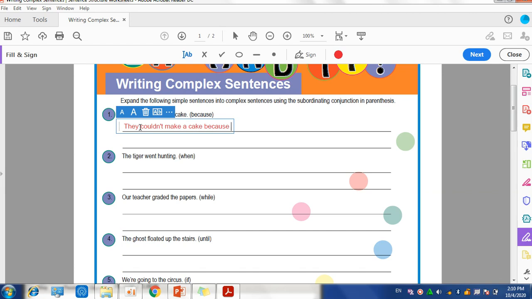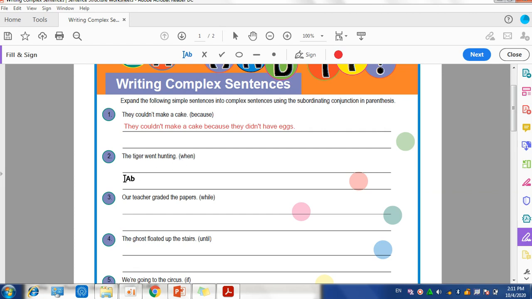Should I put a comma here? No, I shouldn't, because I started with the independent clause. Because, any reason. Because they didn't have eggs. Whatever, they didn't have the component, because it's just something that prevents them from making it.